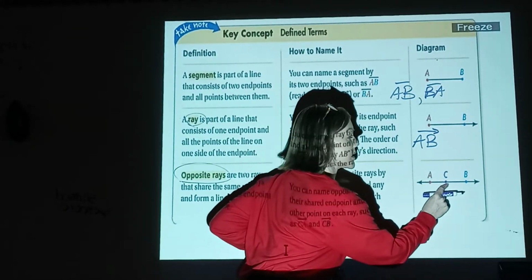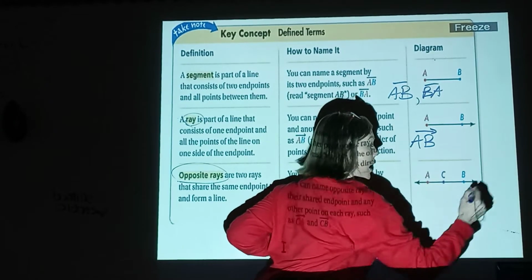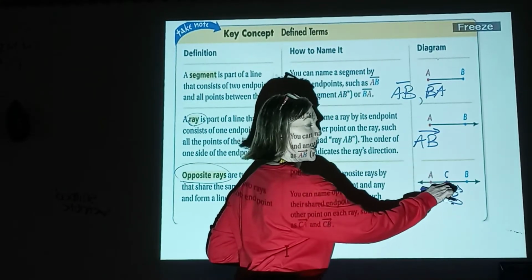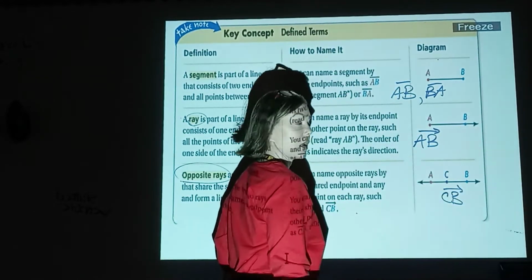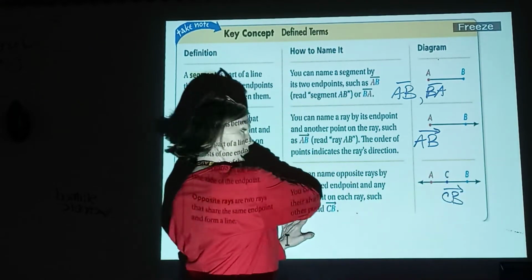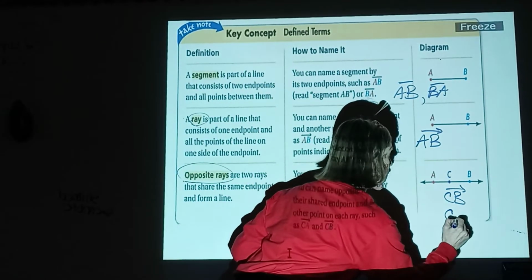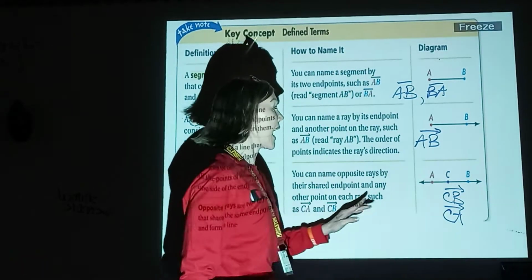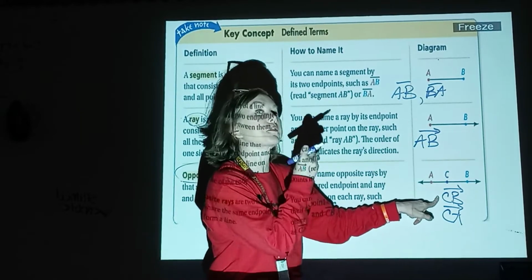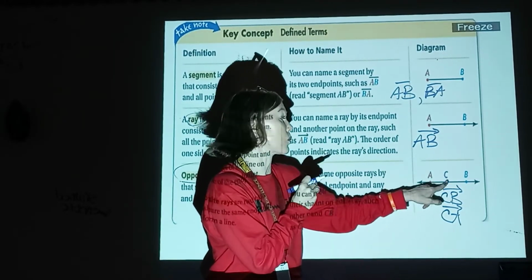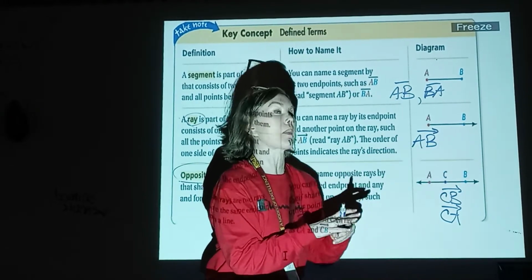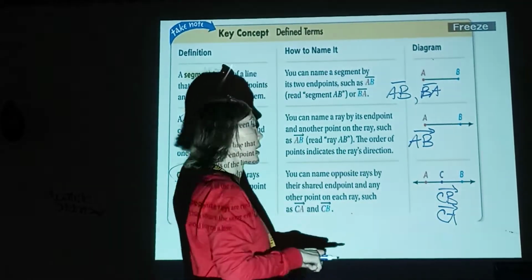So we're going to start at C and go on to forever through B. So CB, starts at C and goes on to forever through B. And then the opposite is it starts at C and it goes on to forever through A. So CA. Where the ray begins, which is at C, is the letter that you write first. So it's CB, opposite rays, and CA.